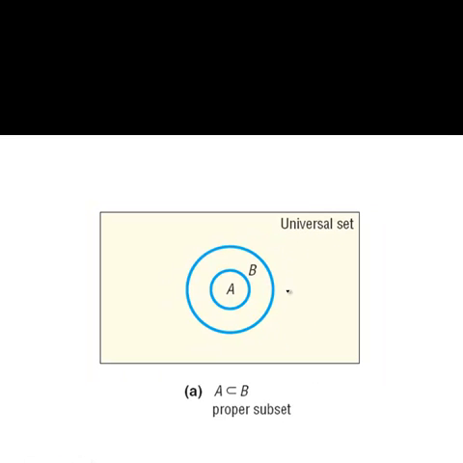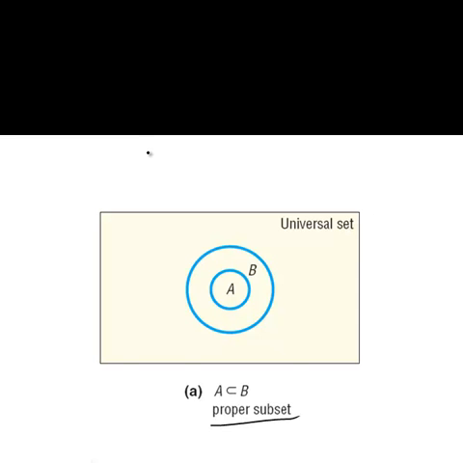Here we see a Venn diagram with set A and set B. And this shows that everything that's in set A is also in set B, but maybe there's some stuff in set B that's not in set A. So in other words, B is a larger set than A, where A is nestled within B. Then we say that A is a subset of B. And not only that, A is a proper subset if B actually contains something that A doesn't have.